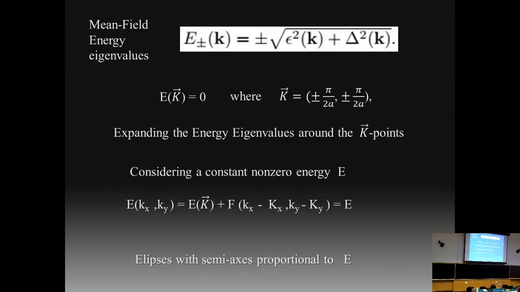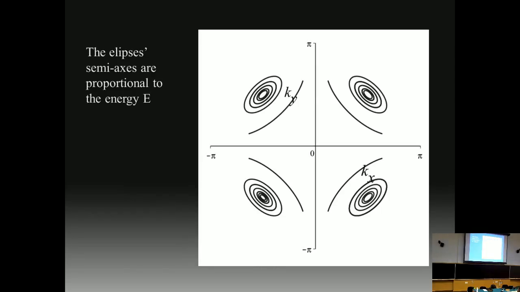So the mean field energy eigenvalues of such a Hamiltonian are given by this. This vanishes at the 4 points plus or minus pi over 2a. And if we expand these energy eigenvalues around these points, considering a constant energy, we have this expression here, which we can show are ellipses with semi-axes proportional to E. If we plot this, we get this.